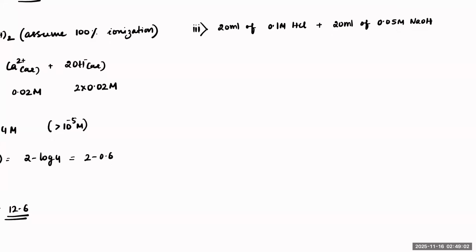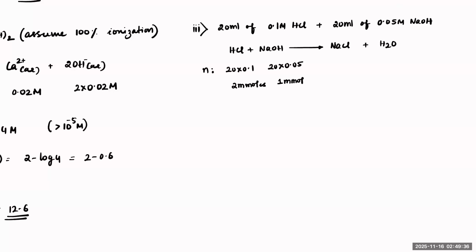So what do we expect as a reaction here? HCl plus NaOH, both will interact to form NaCl plus H2O. Now how many moles are given here? 20 into 0.1 is 2 millimoles of HCl, and 20 into 0.05 is 1 millimole of NaOH.